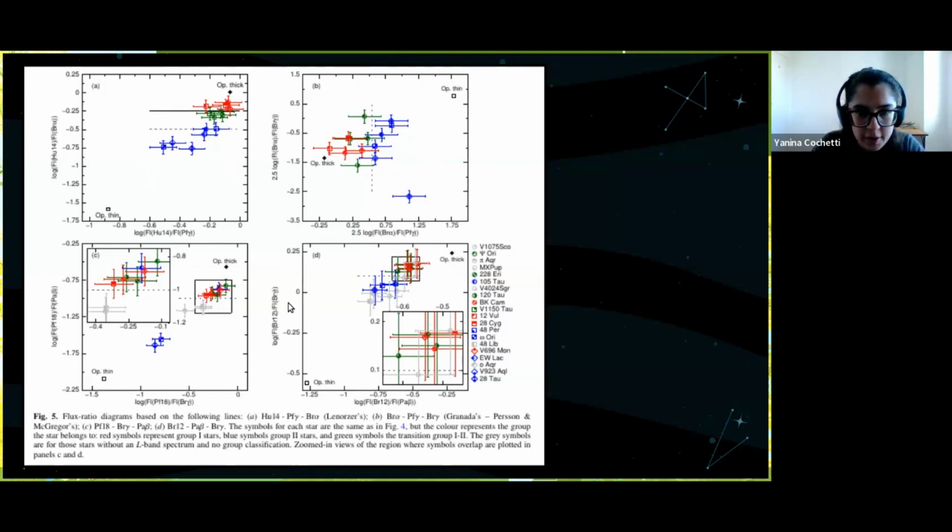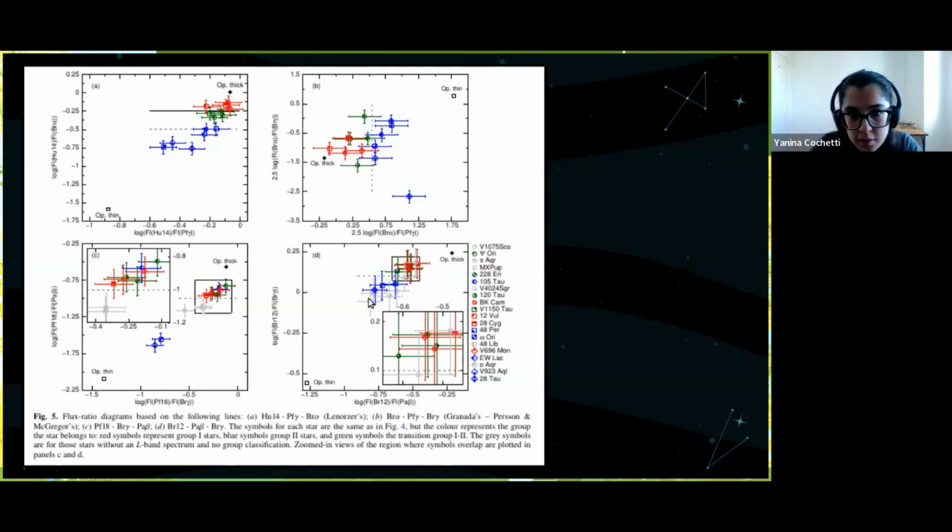There is one object here, 105 Tau, that, if you see the Lorentz diagram, is just at the limit that we put. So we think that yes, this could be an object that is moving between one group and another, but all the blues are group 2, and the red and green are group 1.